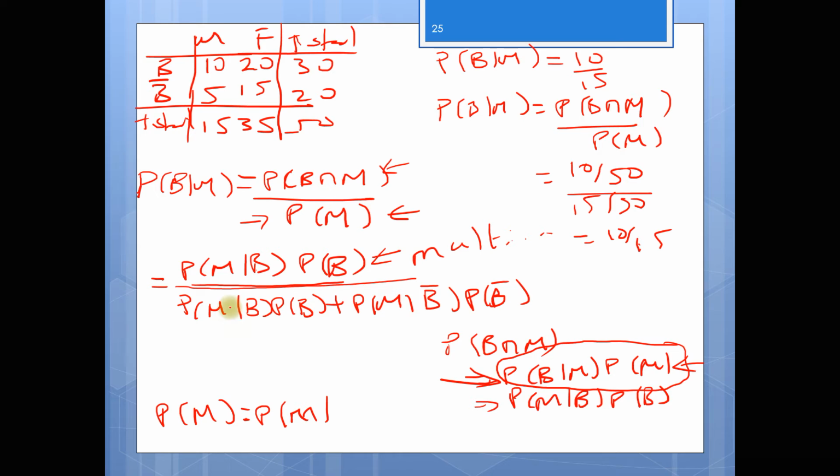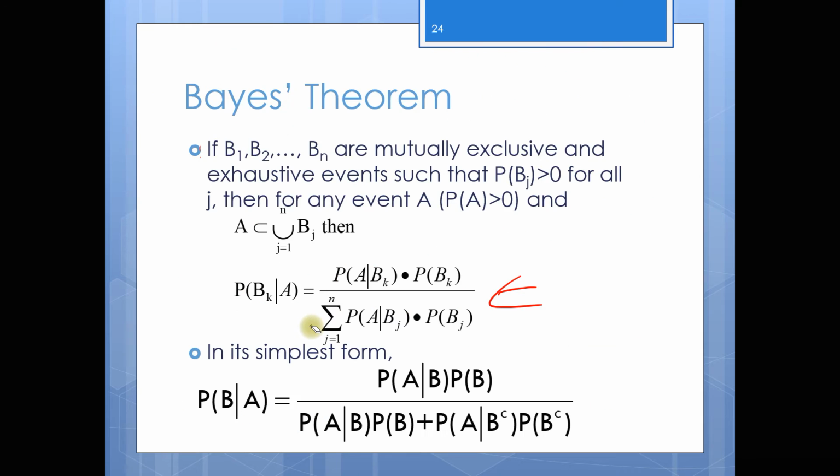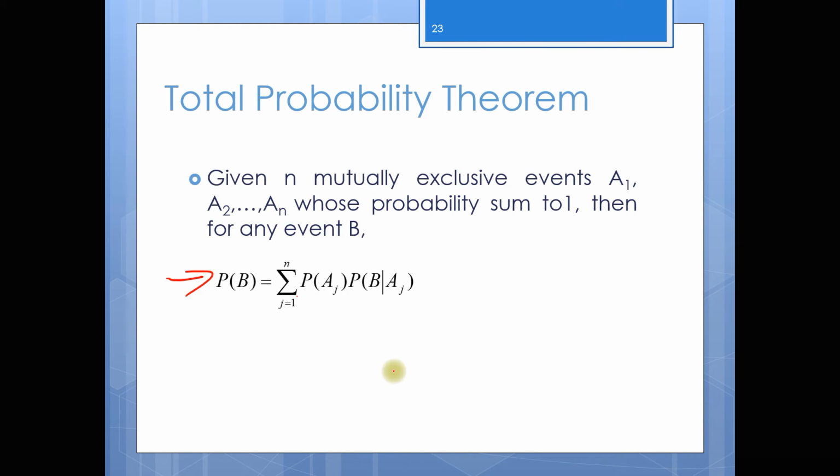So what is happening here is that I'm applying the total probability theorem. I repeat, do not get confused with terminologies like B. You think that it is always B that should be here, all right? It's not that. It's just a term. B is replaced by M and A is replaced by B in our context. The formula is a general rule. B in our example is replaced by M and the A is replaced by B and B dash, all right?